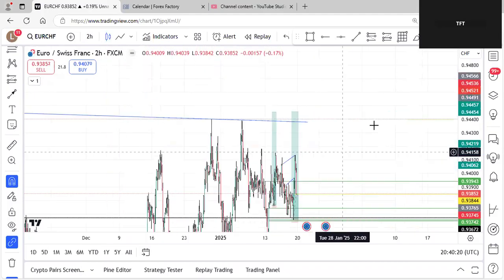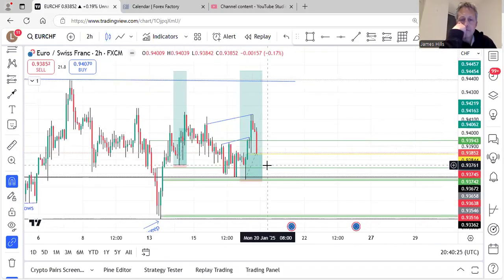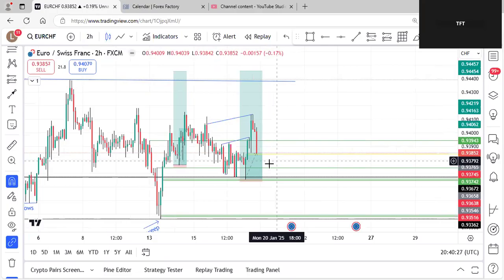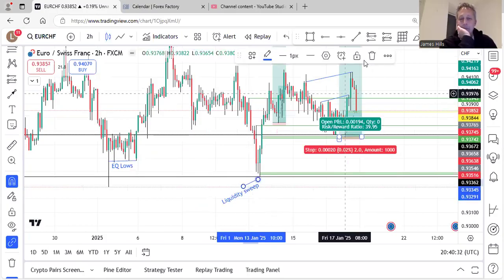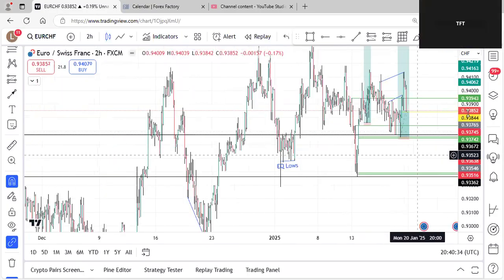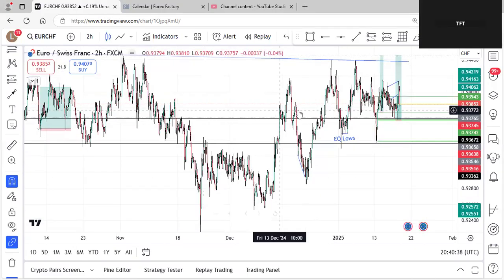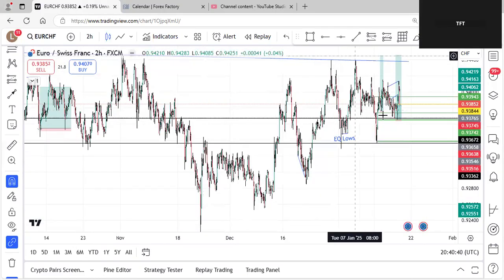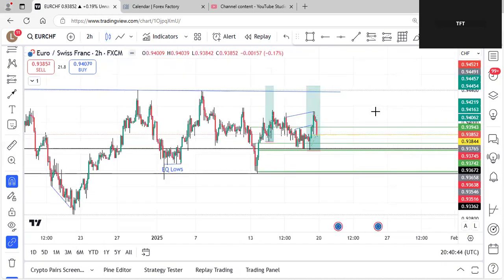But I'm still in that. I'll have a check at about 11ish when the market's open, see if I've blown my account or not. But yeah, I do think I should be all right. We are starting to make bullish price action, so I'm hoping we're good.